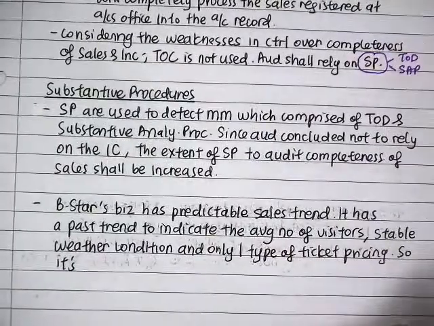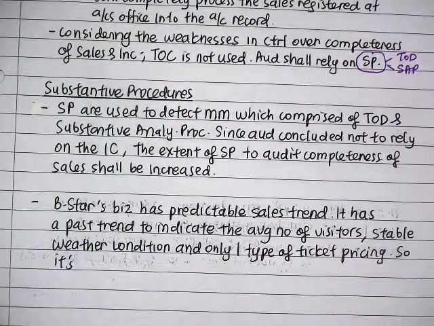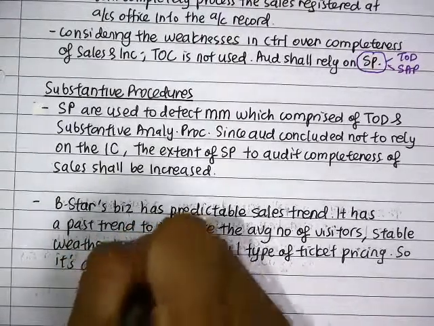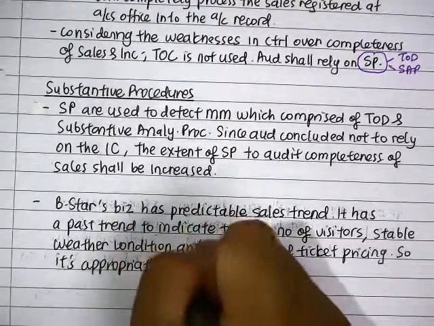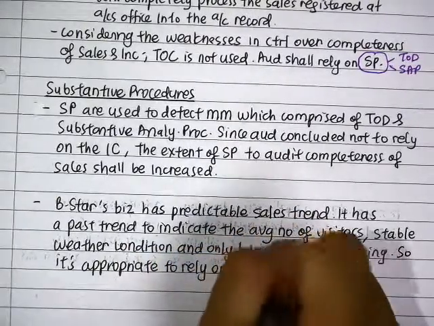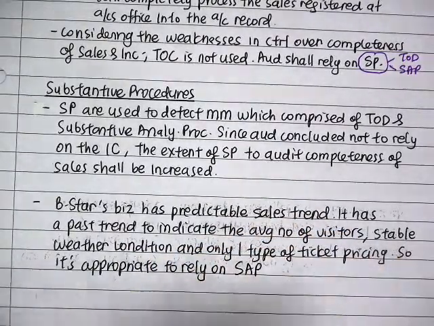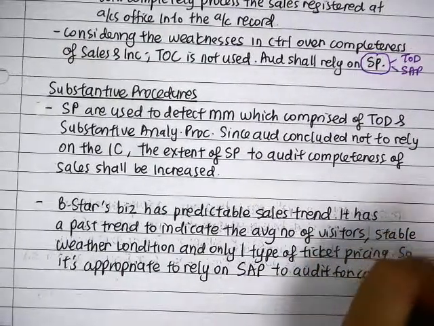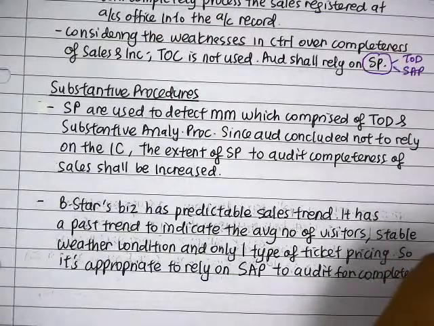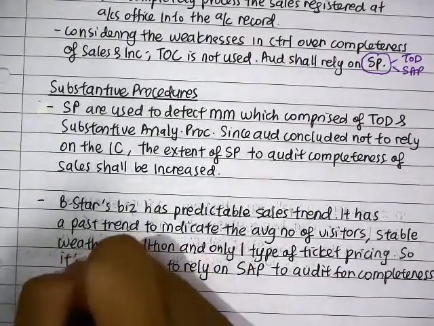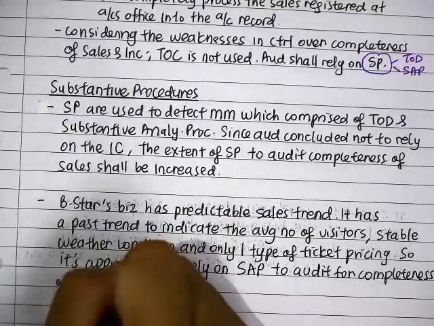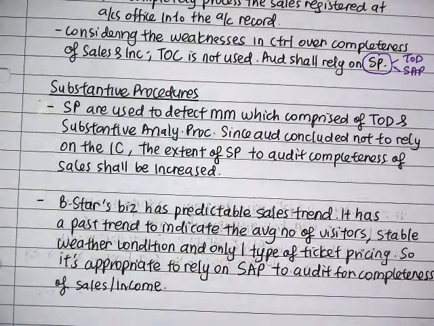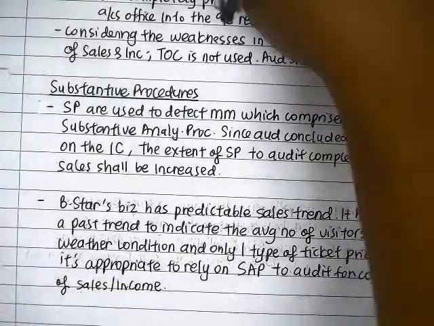So it becomes suitable, right? So it becomes easy for us. So it is actually appropriate to rely on substantive analytical procedure to audit for completeness of sales or income.